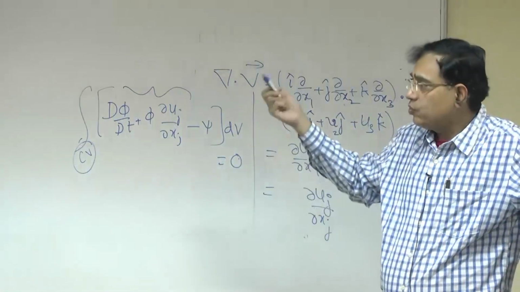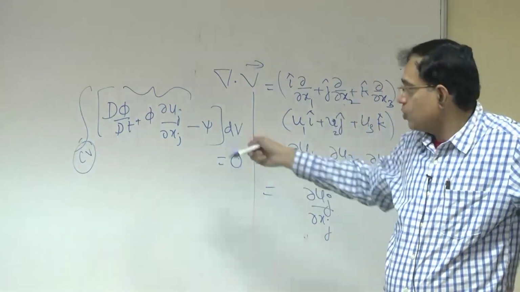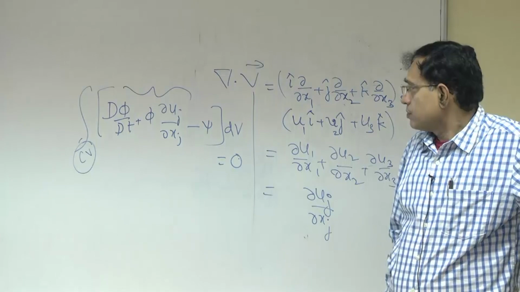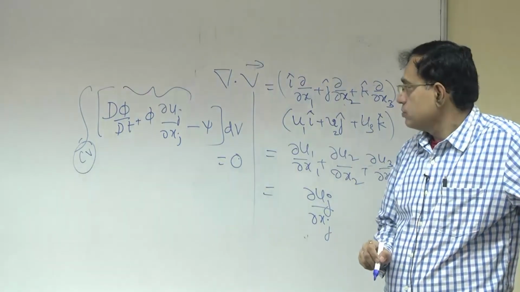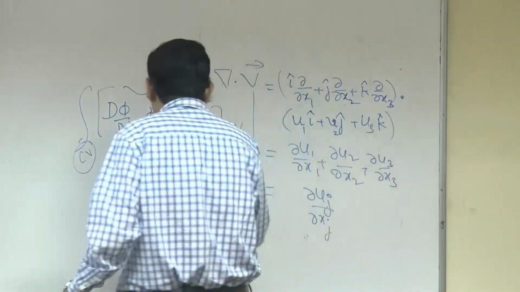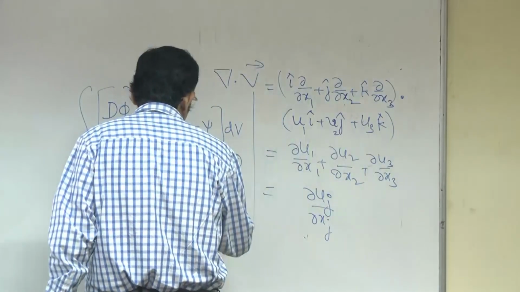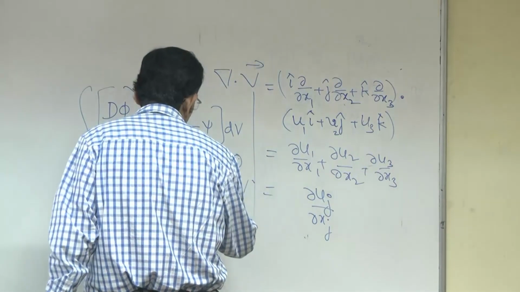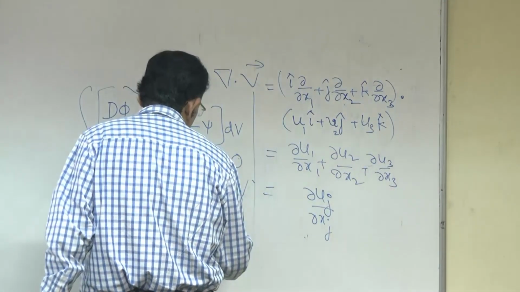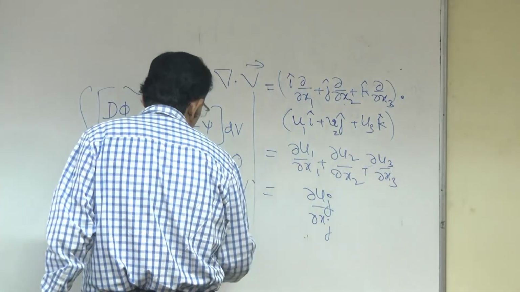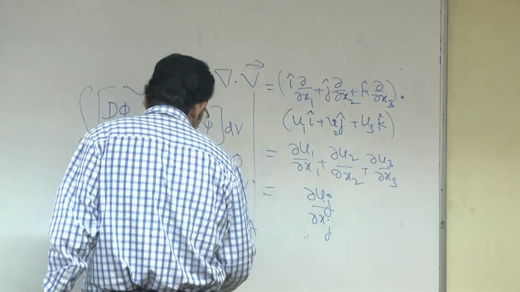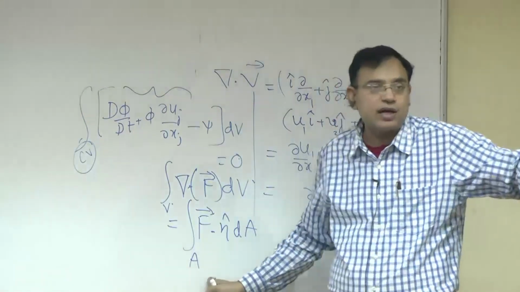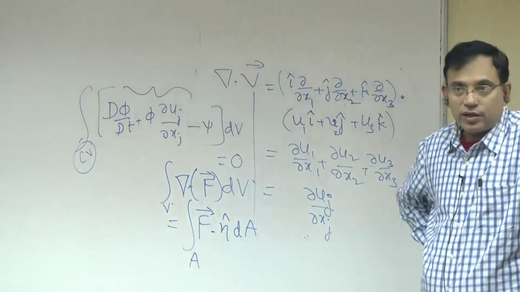So, if you want to get it back, you can again integrate and get it back. Also, if you have the divergence of some vector function f over a volume, you can write that integral effectively as an integral over an area A. This is the Gauss divergence theorem. Okay.